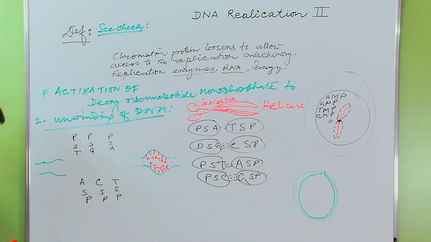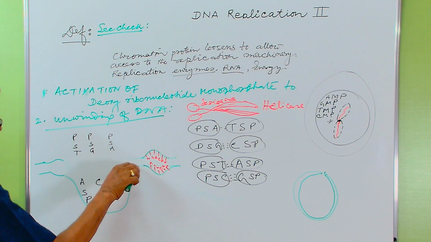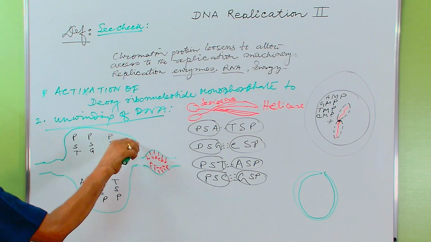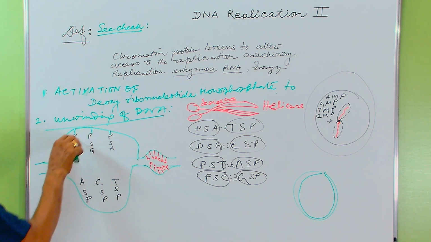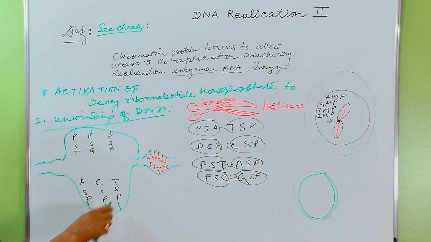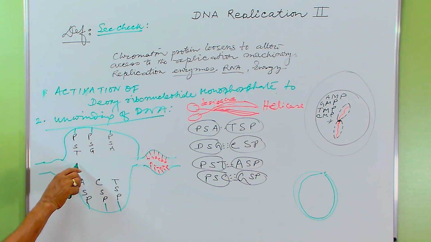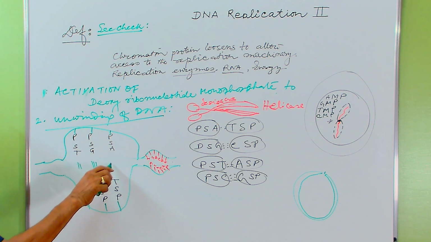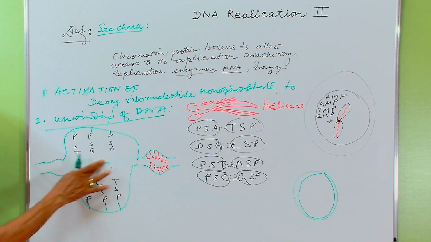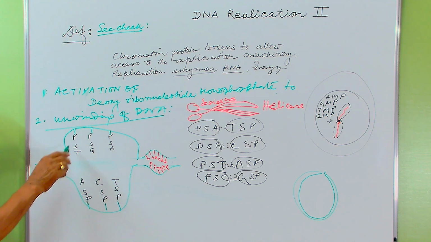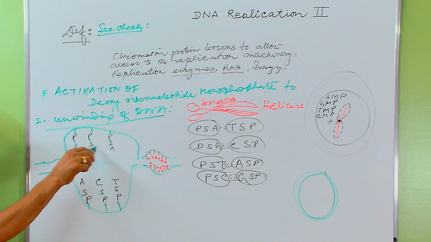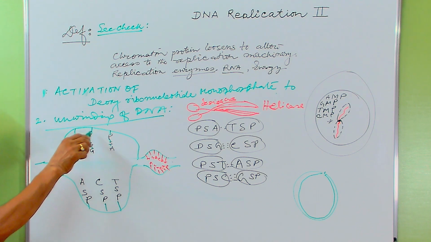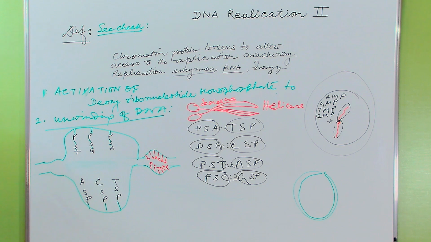So whenever I have unwound this one, this is like this, and this is like this. It remains joined. The hydrogen bonds were there, 3 hydrogen bonds here, 2 hydrogen bonds here. We have cut this. And these are all joined up with glycosidic bonds and phosphodiester bonds.